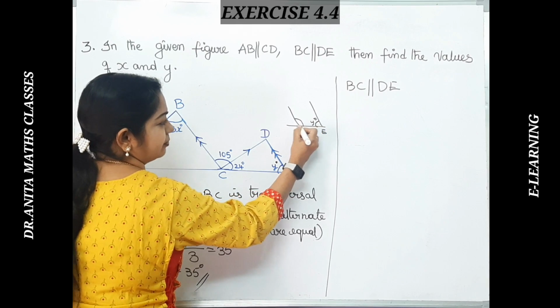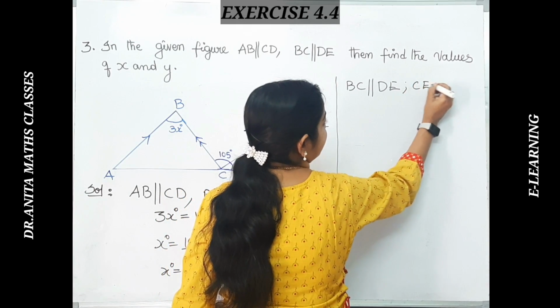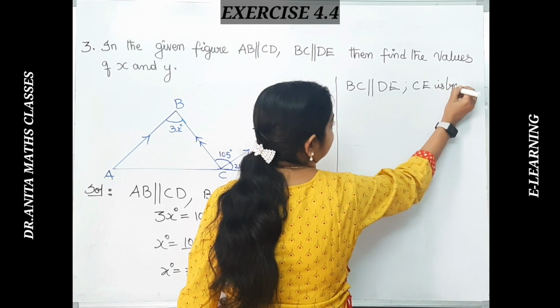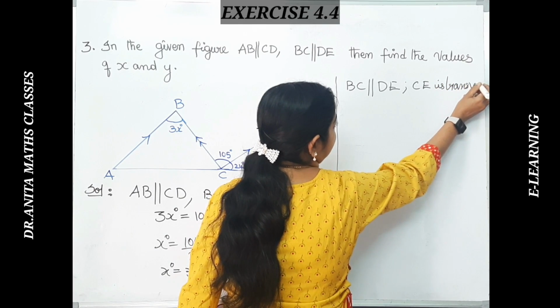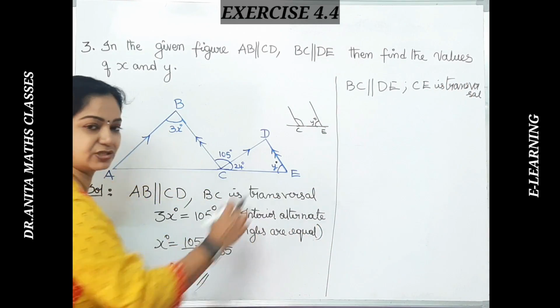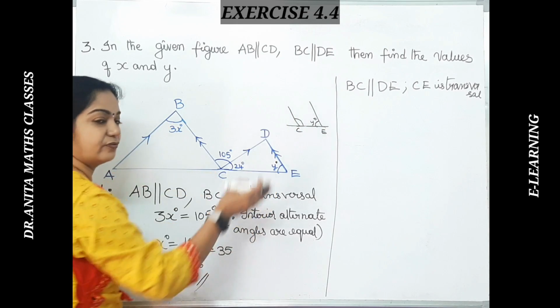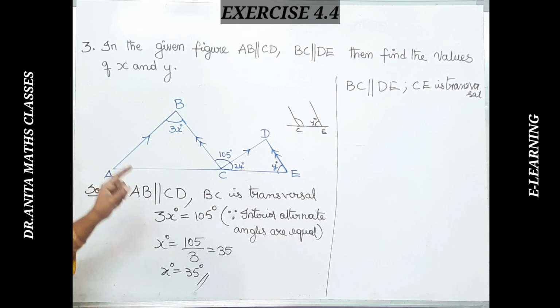CE is the transversal and these two angles are on the same side of the transversal. The angles on the same side of the transversal are supplementary.